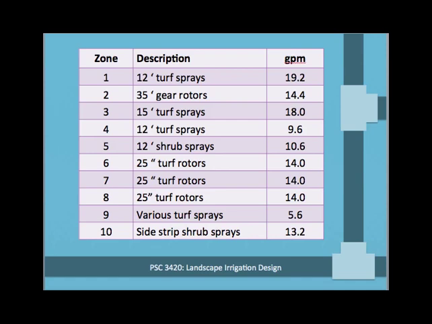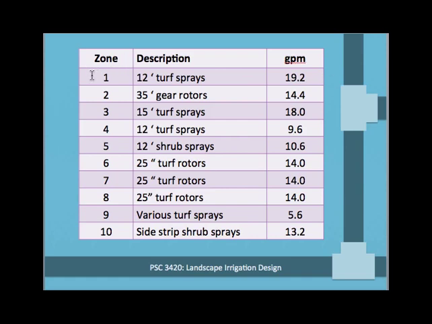You can see that they have created 10 zones, or are thinking of creating 10 zones, maybe I'll put it that way, and that what they have done is consider all of the heads in each of the zones and totaled the flow for each of those zones.